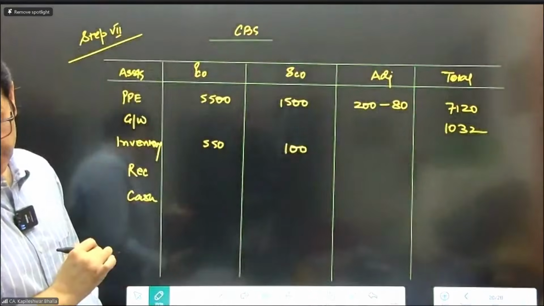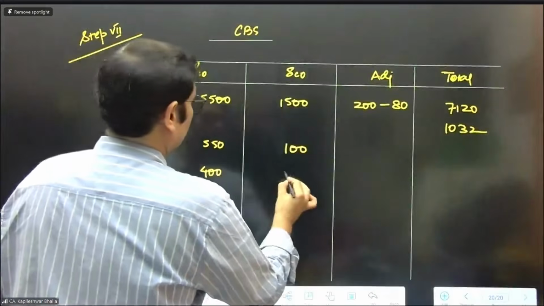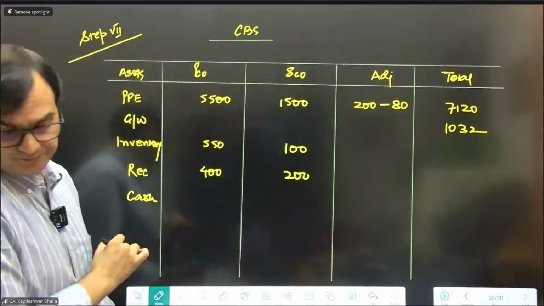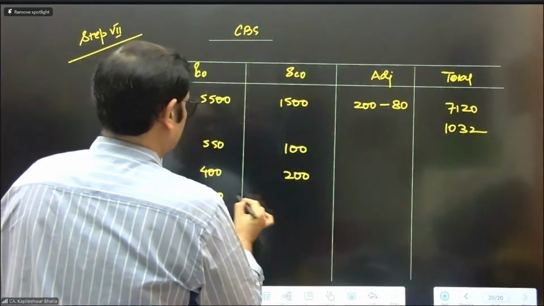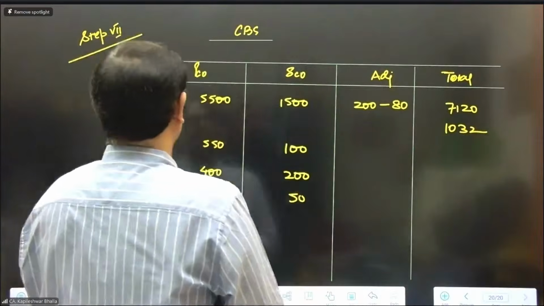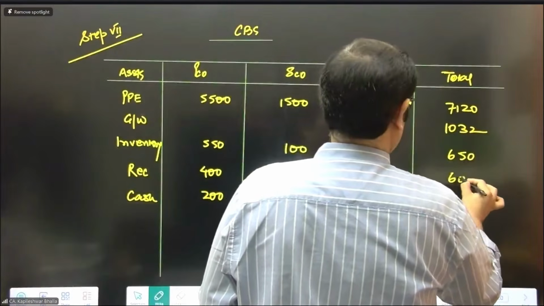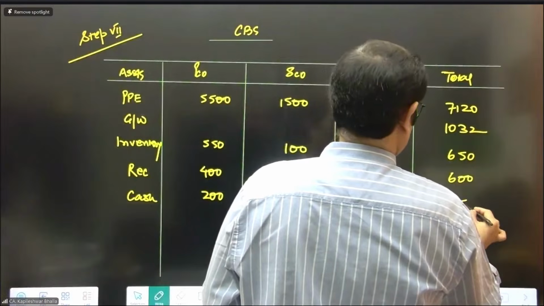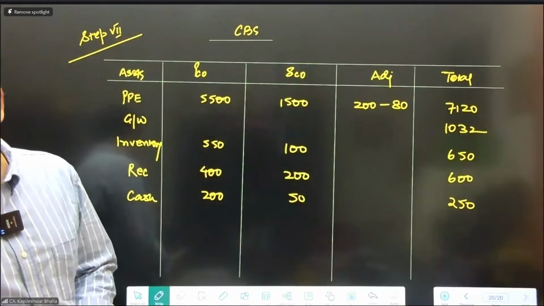And I think in inventory there are no changes. Receivable is 400 and 200. No intercompany owings. Cash is 250. So it makes life simple. So this is 650, that is 600, and that is 250. I think that's it on the asset side of the balance sheet.